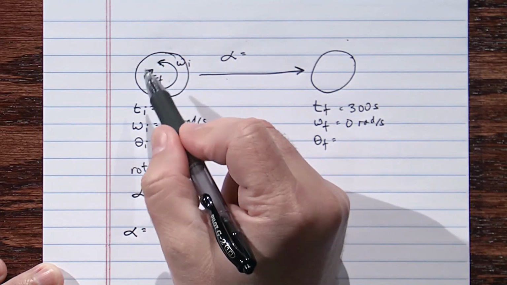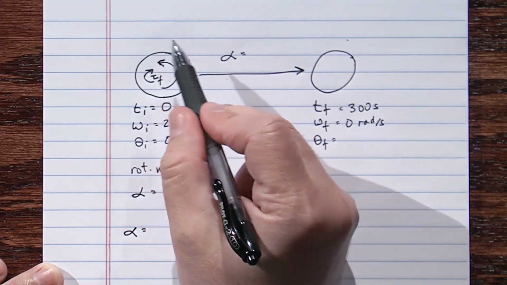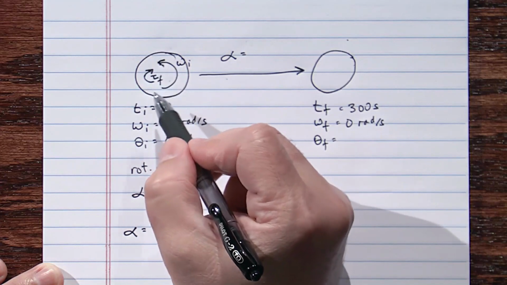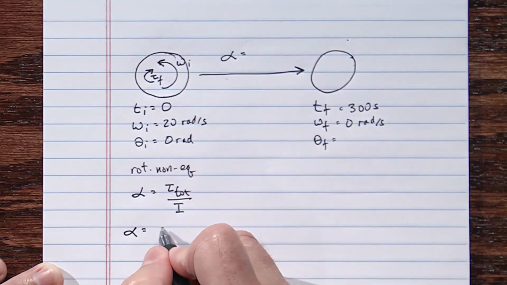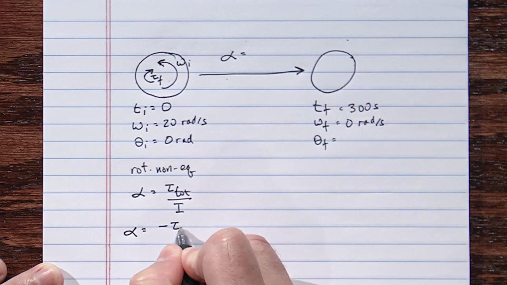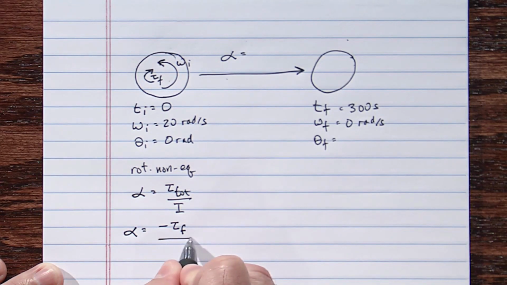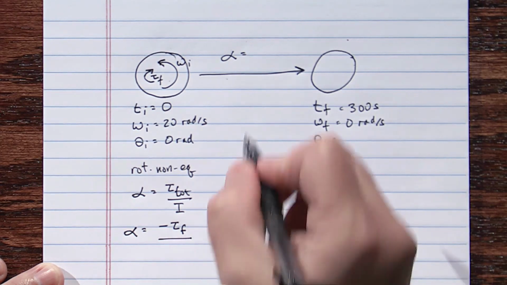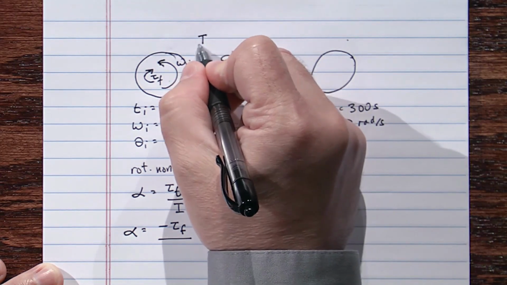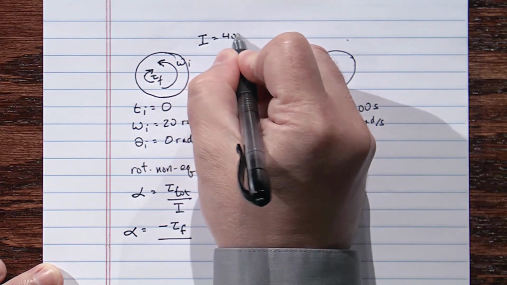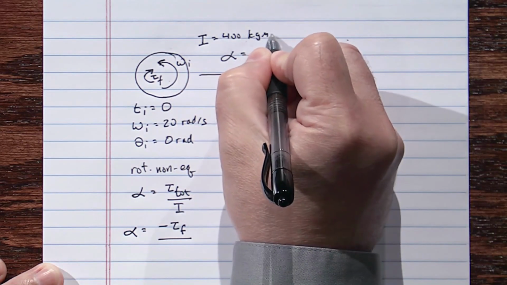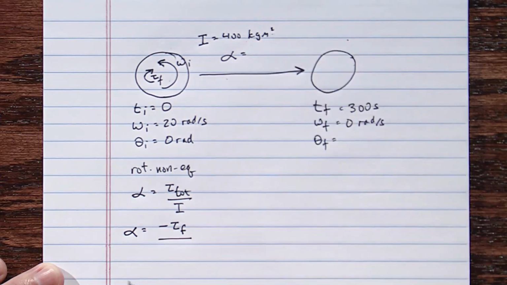The only torque we have to consider as this flywheel is slowing down is the frictional torque, so I will write minus tau F, assuming the frictional torque is in the negative direction, divided by the rotational inertia. We were told rotational inertia is equal to 400 kilogram meters squared. So alpha is minus torque frictional over 400.